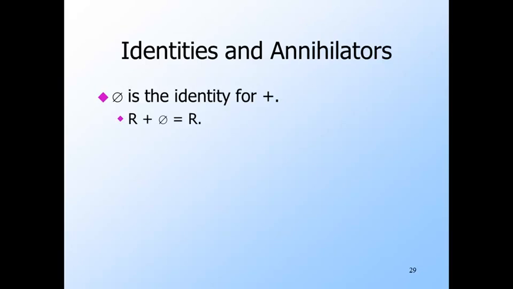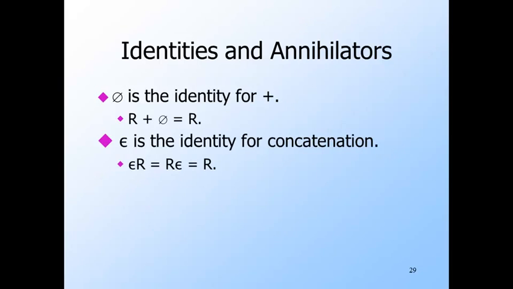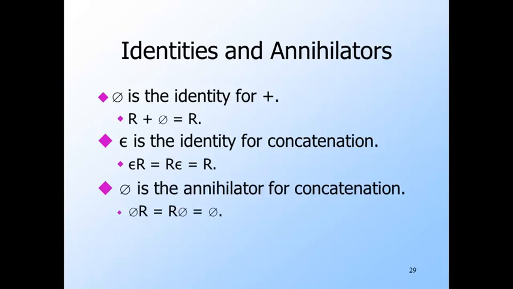Obviously, taking the union of the empty set with any set yields that set. The language containing only the empty string is the identity for concatenation. Concatenating any string s with the empty string yields s, so concatenating the language represented by the regular expression epsilon with any other language, say the language represented by regular expression r, will result in the same language, the one represented by r.